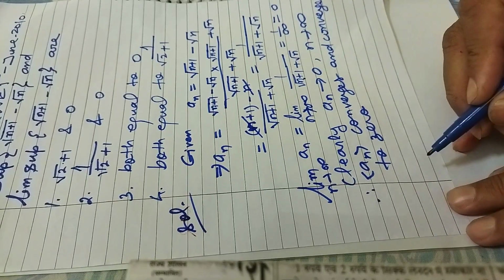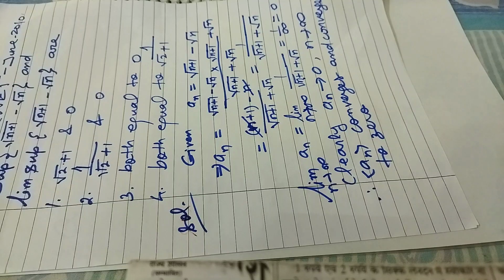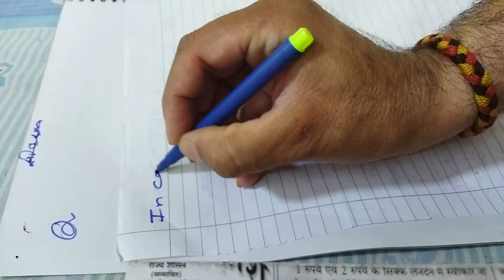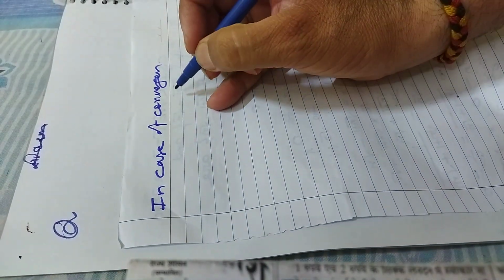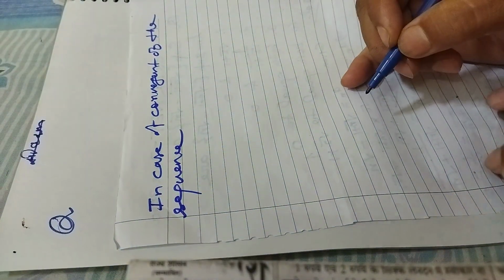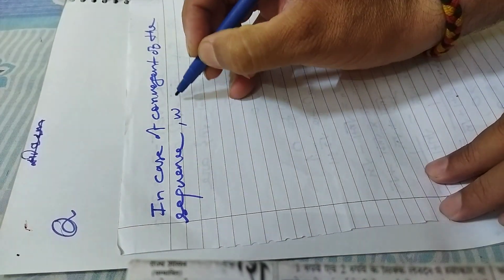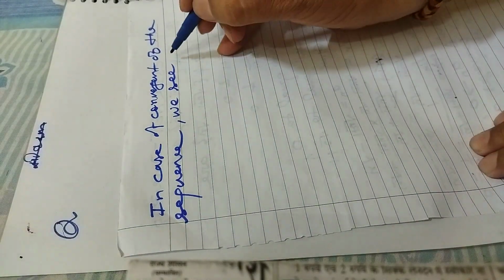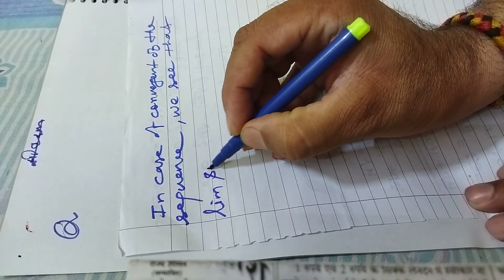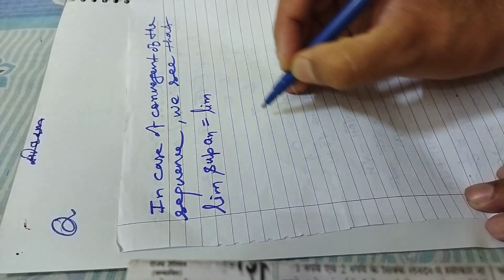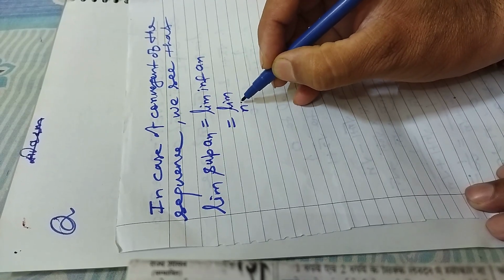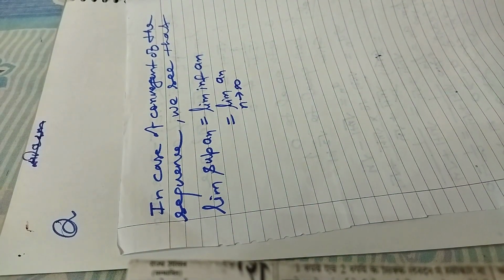Now, in case of convergence of a sequence, we see that limit supremum of an is equal to limit infimum of an, which is equal to limit n tends to infinity of an.